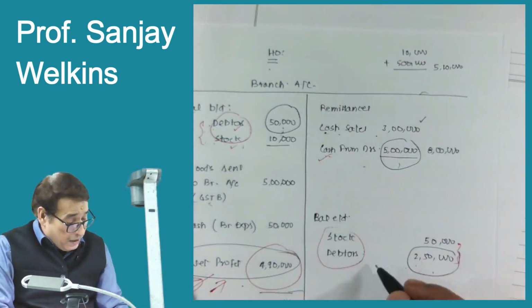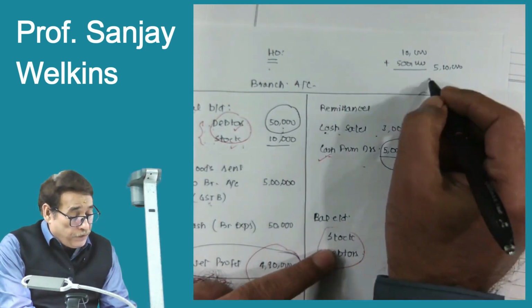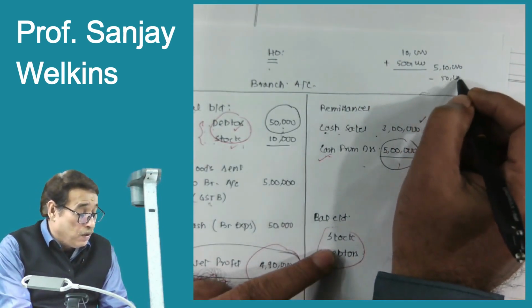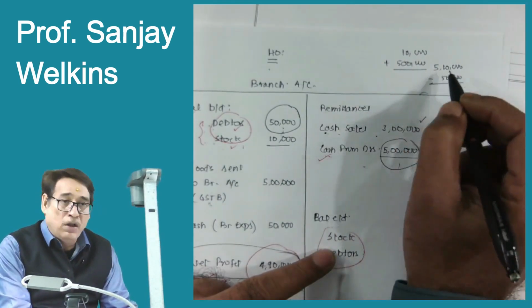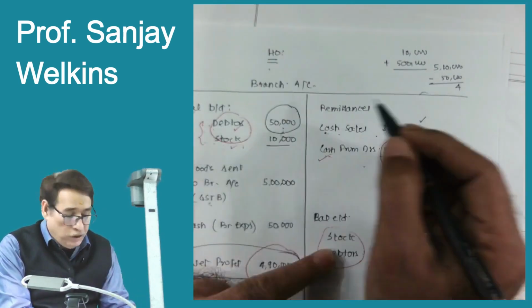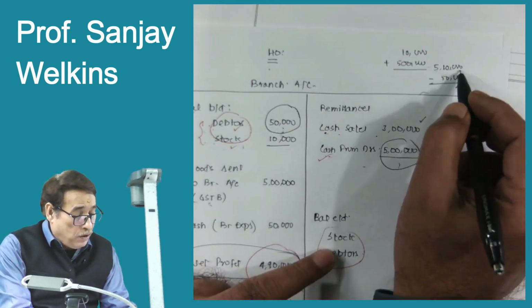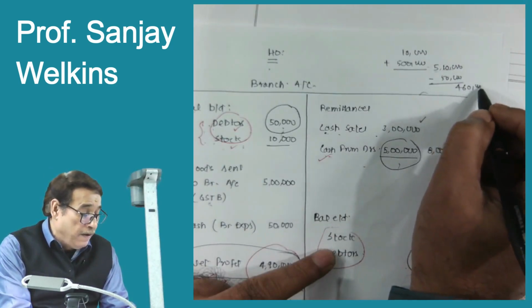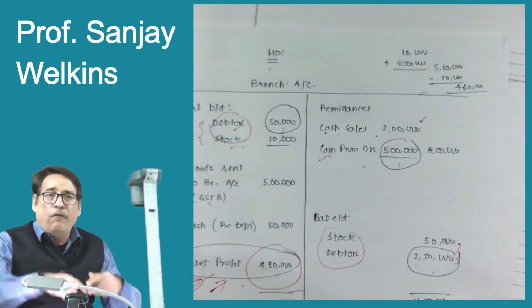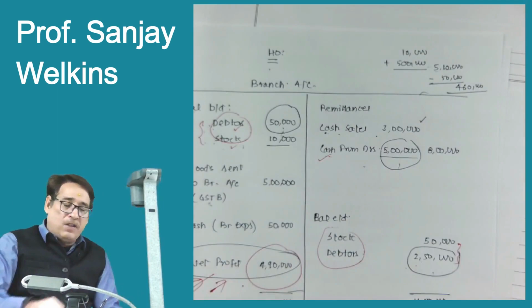At the end of the year, you are having 50,000 worth of stock left. So what does it signify? It signifies that out of total available goods 5,10,000, you sold 50,000 worth of goods left over. That means cost of goods sold is 4,60,000.